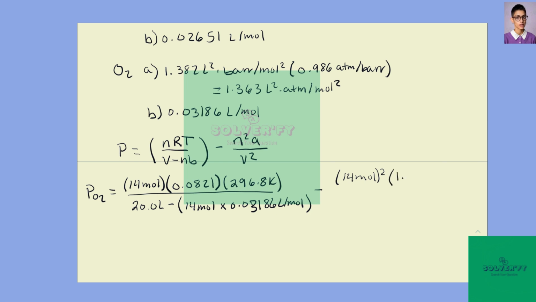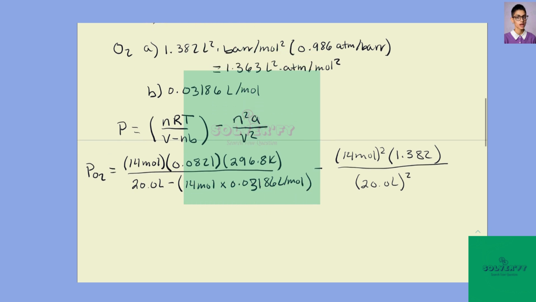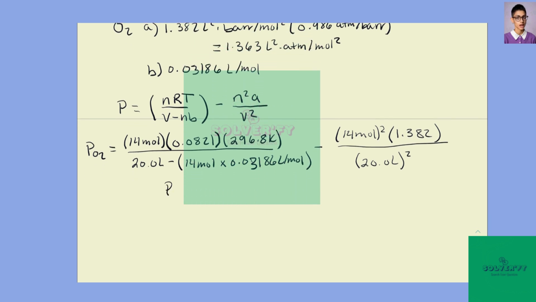And we're going to times that by our A value, which is 1.382. And then we're going to divide that by 20 liters. Again, we're going to make sure that we square the liters, just so that way our units cancel out correctly. So when we calculate this out, our pressure for O2 using van der Waals equation is going to be 16.77 atmospheres.